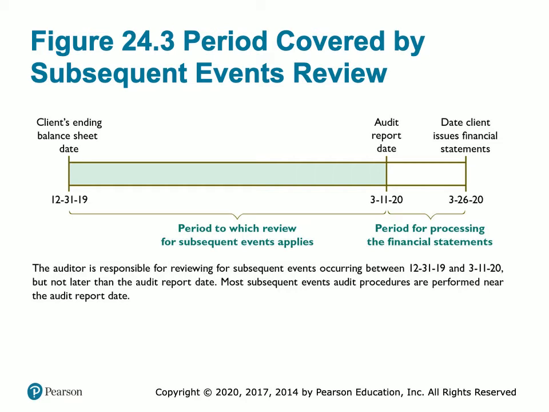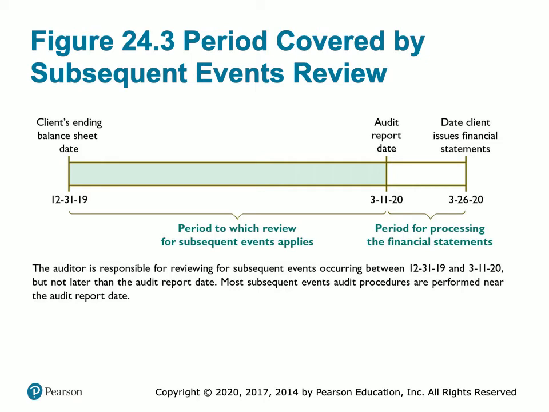So let's talk about subsequent events, right? The audit report date is the date in which all material evidence has been gathered and completed. So that audit report date might be, in this case, 3/11/20 for a balance sheet date of 12/31/19.